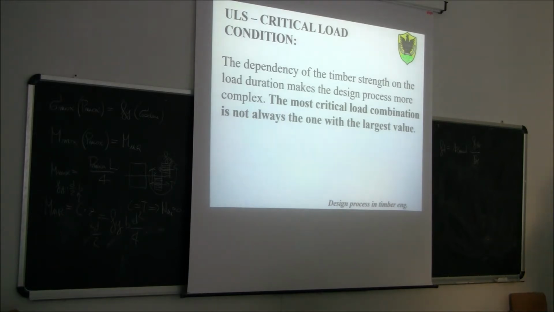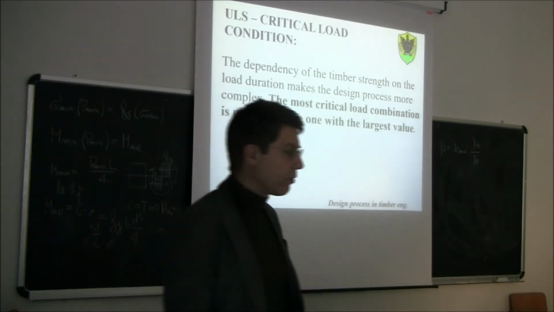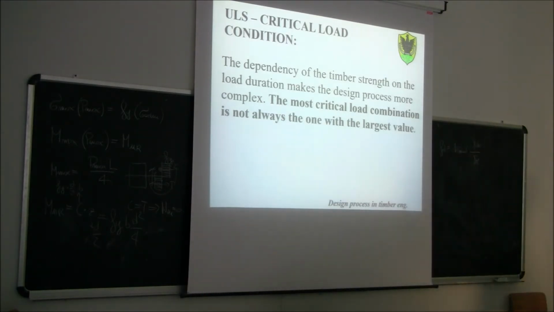You do the three load combinations. You get a value, for example, 100. Then you get another value, 250. Then you get the value minus 60. Could be this for the roof. Now you need to design. Which of those values would you consider for the design? Think about it for 1 minute and then you tell me.